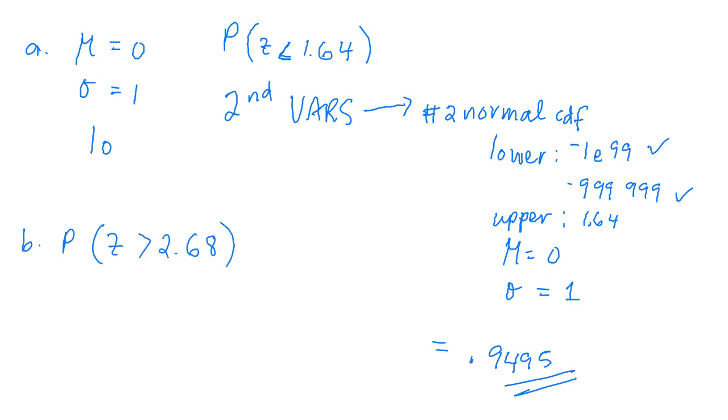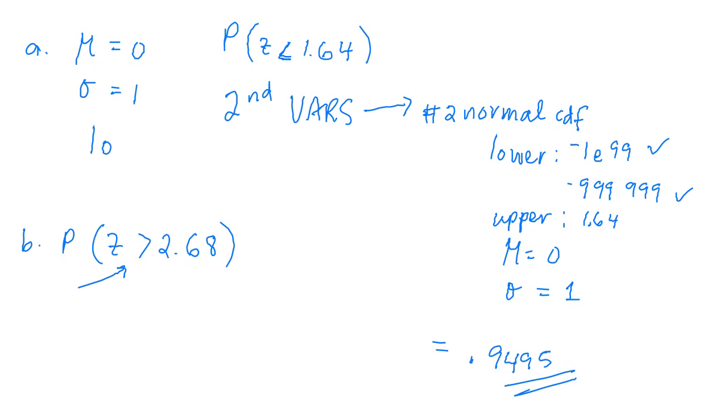You follow the same procedure: second vars, then normal CDF. Check your lower and upper, your standard deviation, and your mean. But whatever you get here, make sure you use the complement rule, because this symbol means we are looking at the area, or the probability, on the right.